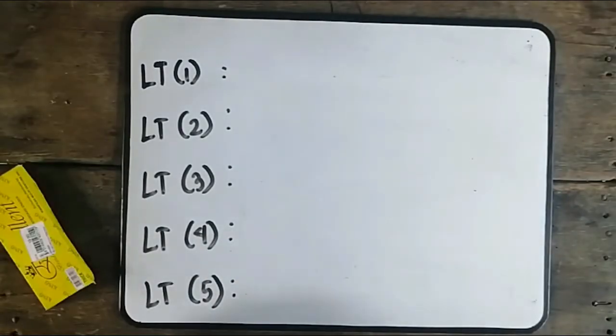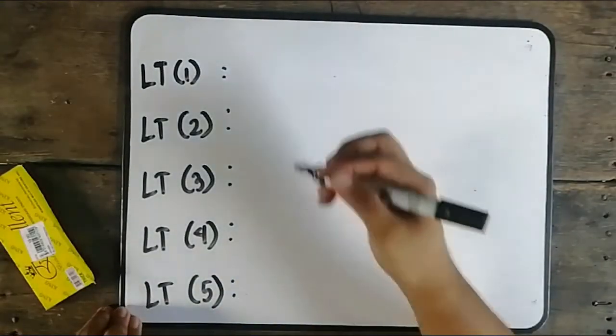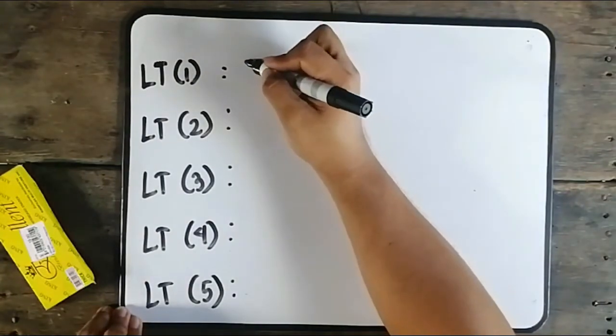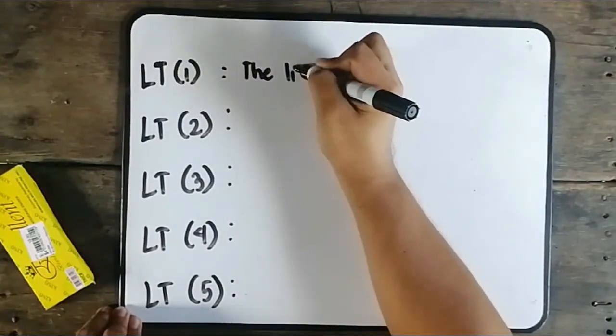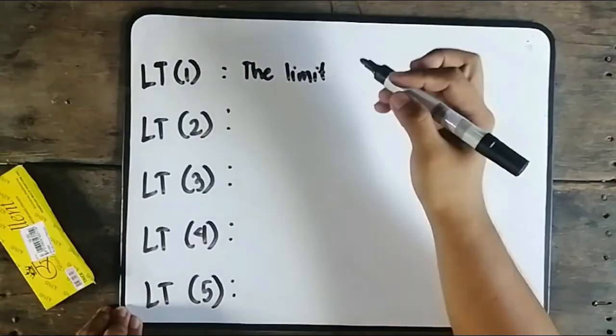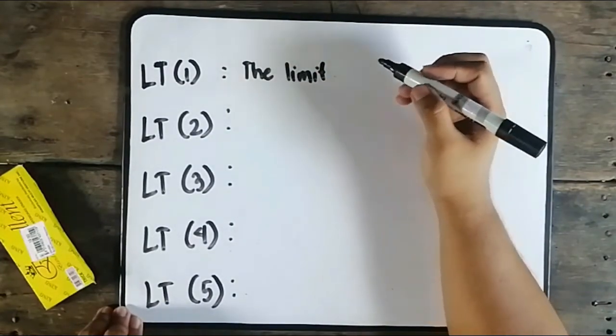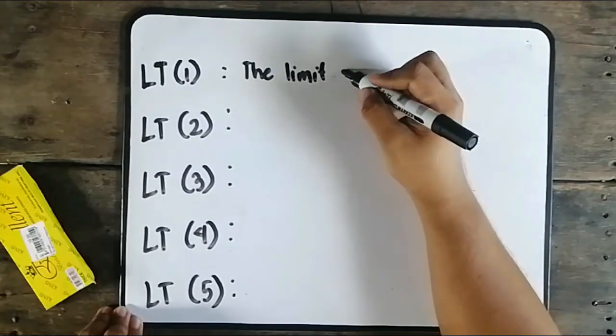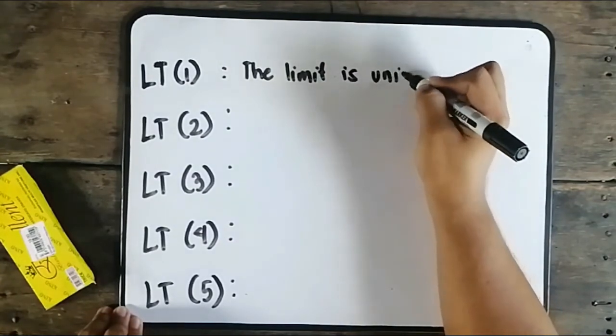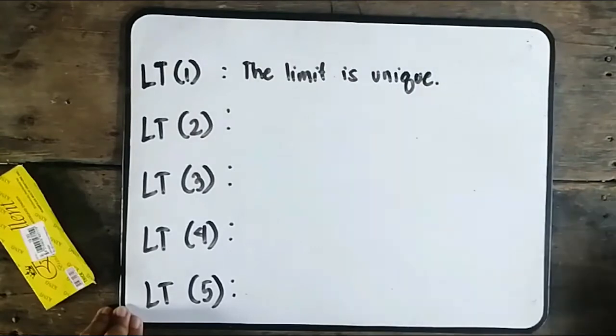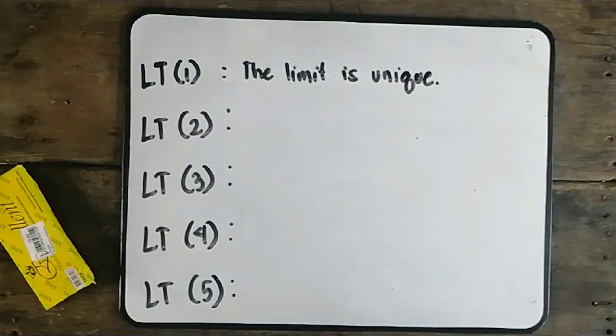So, in summary, limit theorem 1 states that the limit of a function is unique. Okay? So, iisa lang dapat yung limit. Hindi pwedeng pareho yung function, magkaiba sila ng limit. Then number 2, limit theorem number 2 states that the limit of a constant is itself.